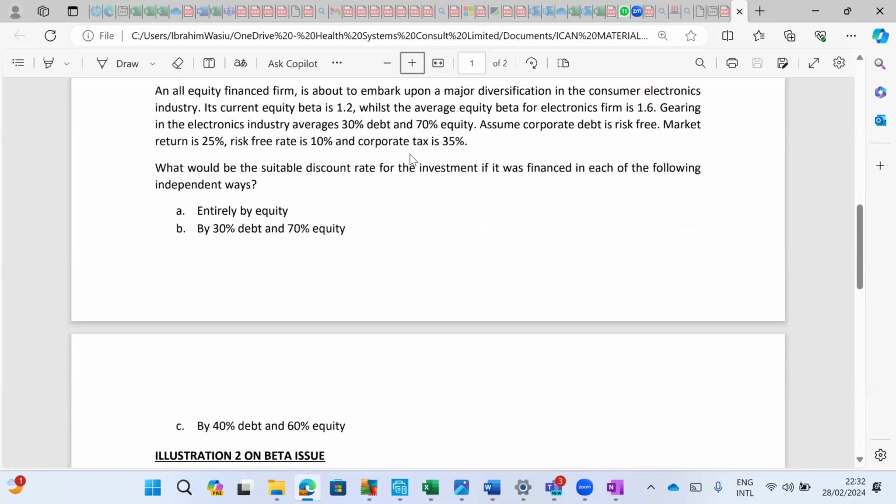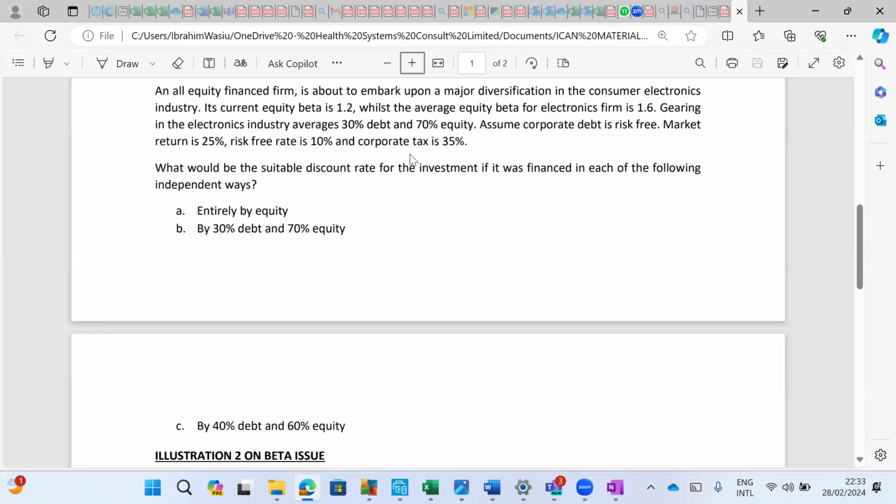I see. Okay, let's look at the question from the beginning. It said, an all-equity finance firm is about to embark upon a major diversification in the consumer electronics industry. So, an all-equity finance firm, okay? Its current equity beta is 1.2. This is for our company.